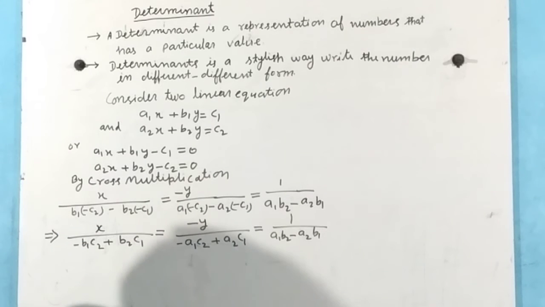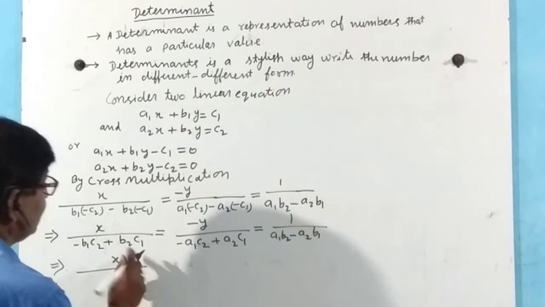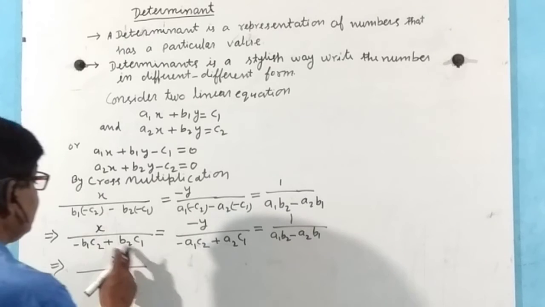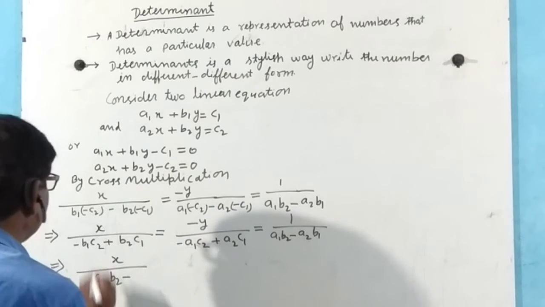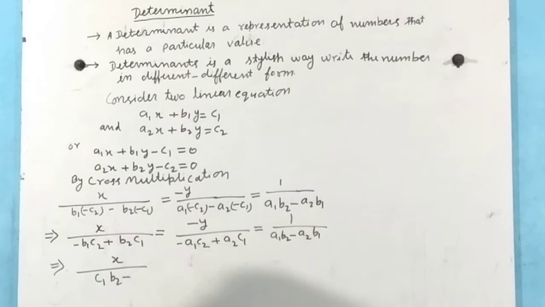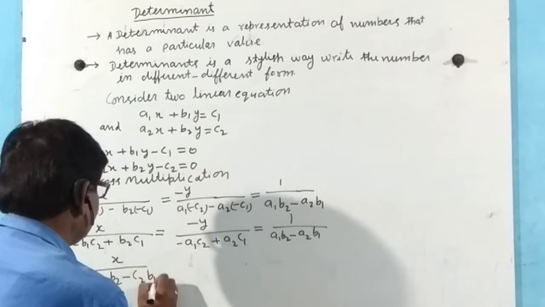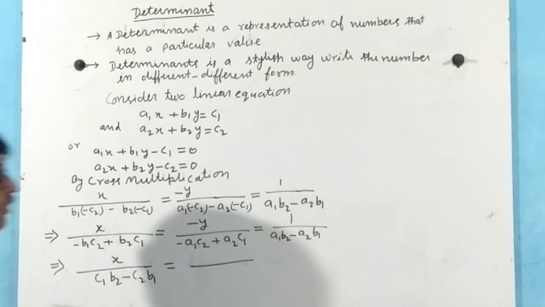Now this can be written as x by c1 b2 minus c2 b1, that is equal to here.